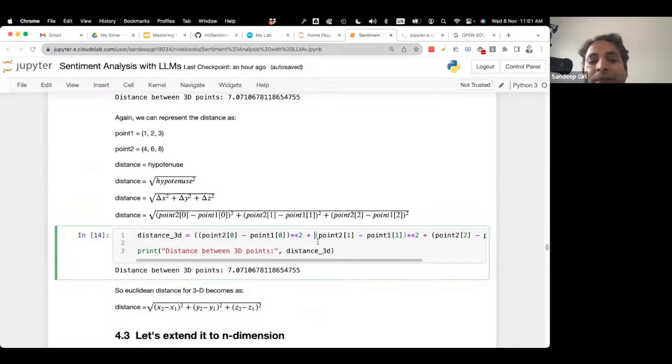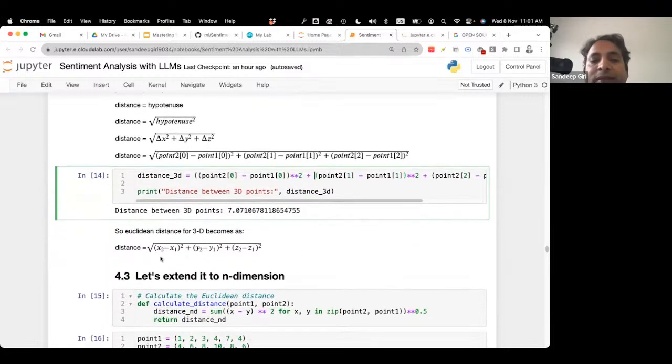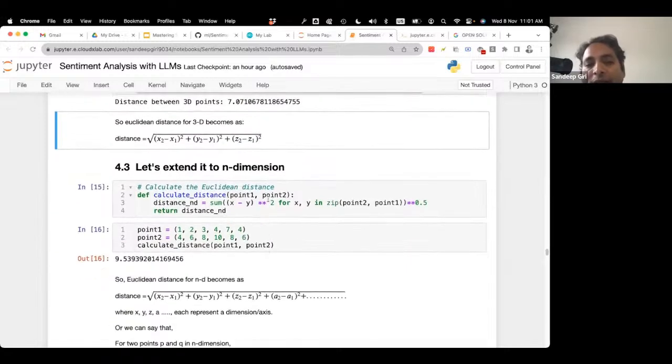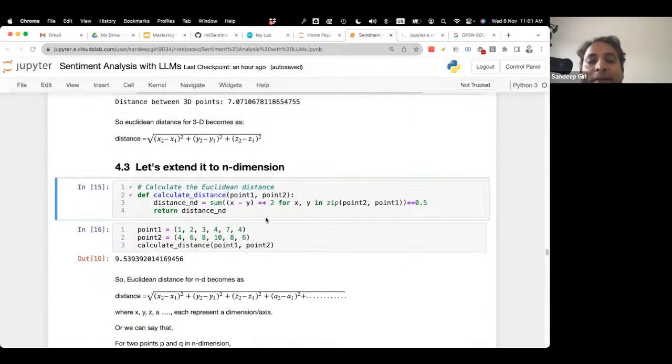Now, if something was 4 dimensions, there will be 4 values underneath. Here there are x, y, z, and the fourth one will have, let's say, u representing the 4th dimension. And essentially that's about it.